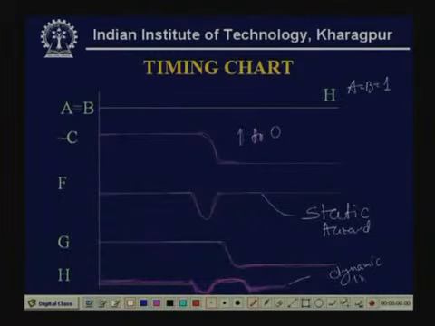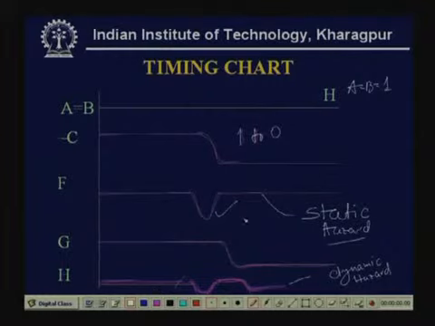Now, what is the reason for dynamic hazards? Unless the static hazard exists in the circuit, if we would not get the glitch in this F line, then there will be no glitch in the H line.